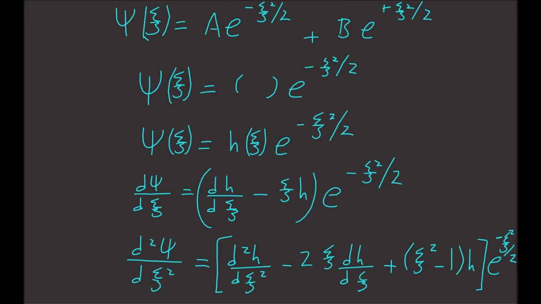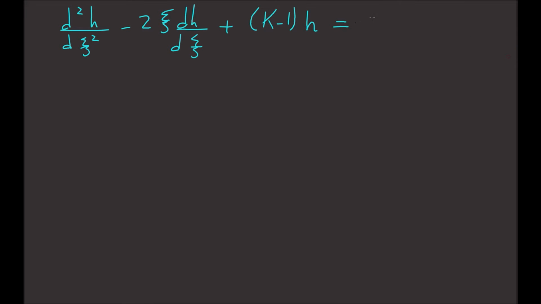Okay, so now we have the first derivative, we have the second derivative, and let's try to put them back into the equation and see what we get. So now we have the second derivative of h with respect to squiggly minus 2 times squiggly dh d squiggly plus k minus 1 times h equals 0.